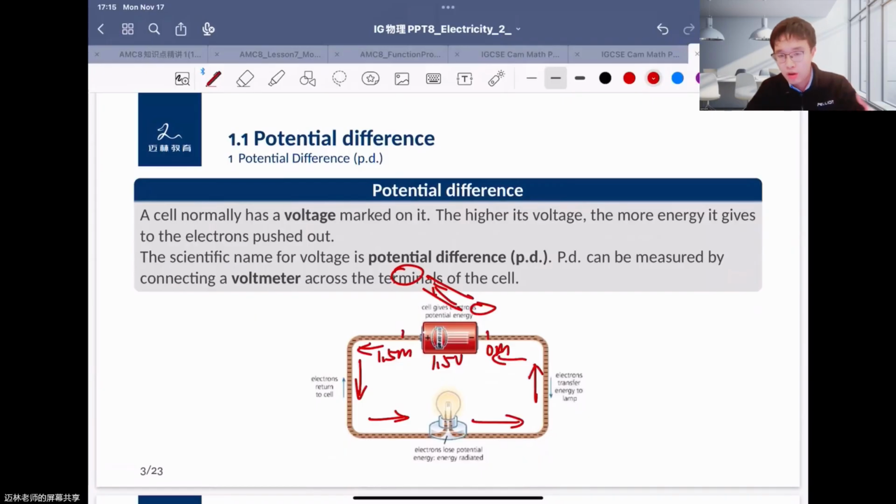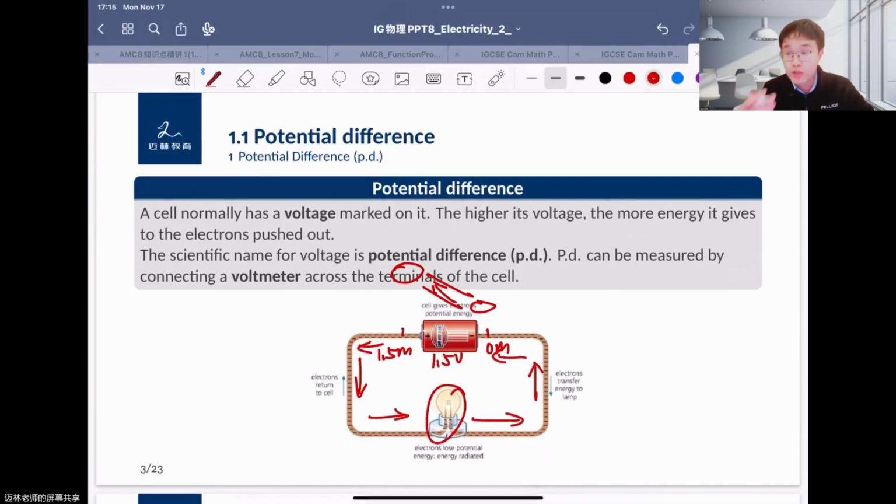Then you can calculate 1.5 volts for the battery, and the water can move in a loop. For the lamp, because it has to consume energy and transfer electricity into light, it's like a very big stone block in the way.